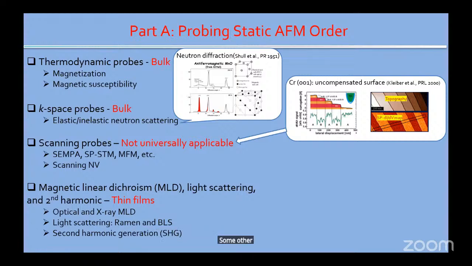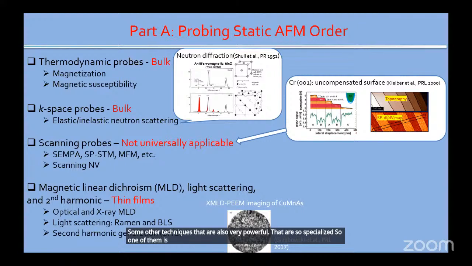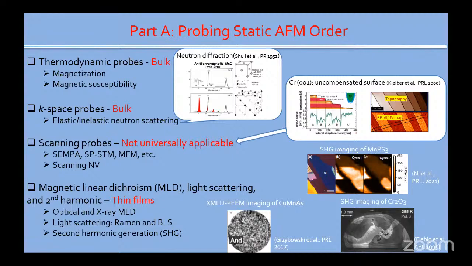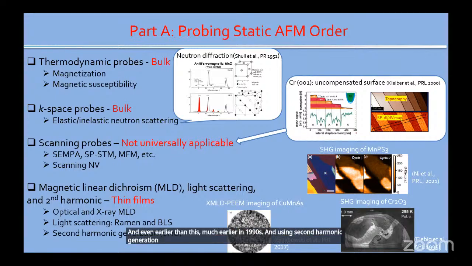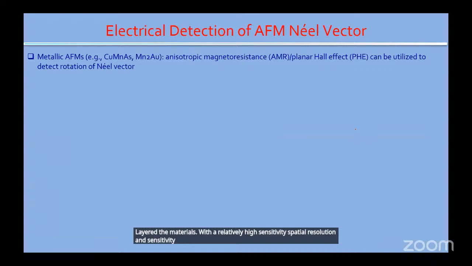Some other techniques are also very powerful but also specialized. One of them uses synchrotron X-ray linear dichroism to do PEEM imaging. And even much earlier, in the 1990s, second harmonic generation was used, particularly suited for chromium oxide. And recently, second harmonic generation was used to probe few-layer 2D antiferromagnetic layered materials with relatively high spatial resolution and sensitivity to magnetism.